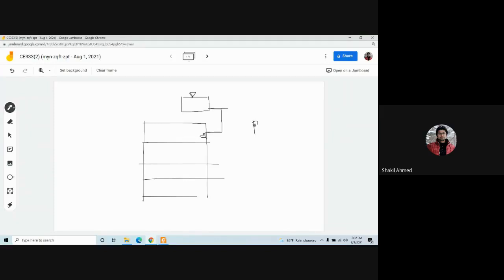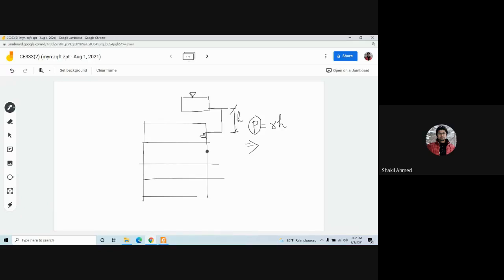P equals to what, guys? Gamma into H. Am I right? You will get this pressure from H, that means this height difference. Higher is the elevation H, higher will be the pressure.